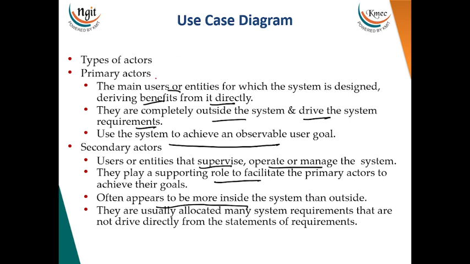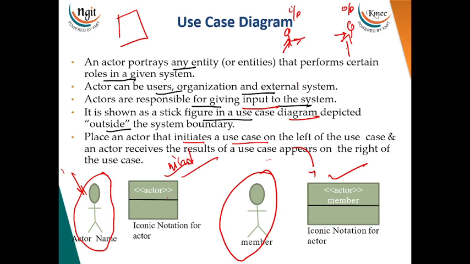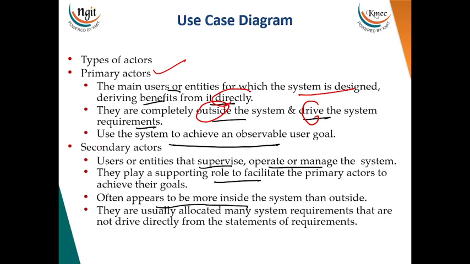Types of actor: the primary actor is the main user or entity for which the system is designed, which can use it directly. They are completely outside the system. So what do you mean by this? This is your primary actor. Correct. This is our primary actor. The secondary actor is a user or entity that supervises the operation or manages the system.